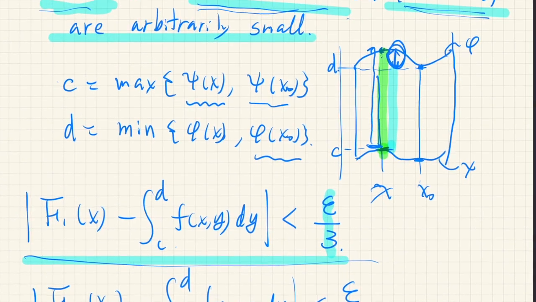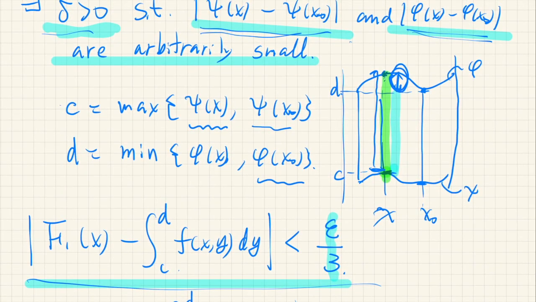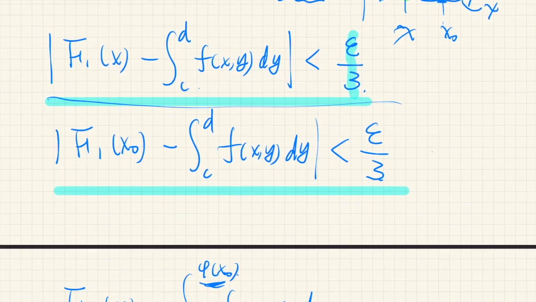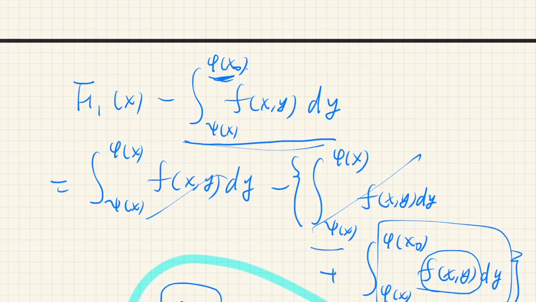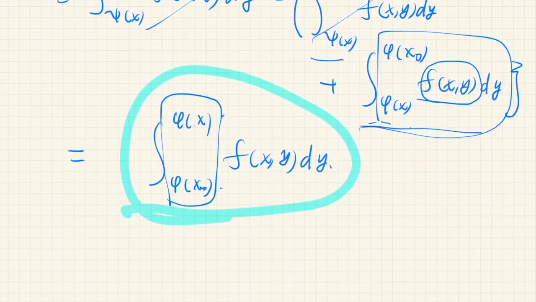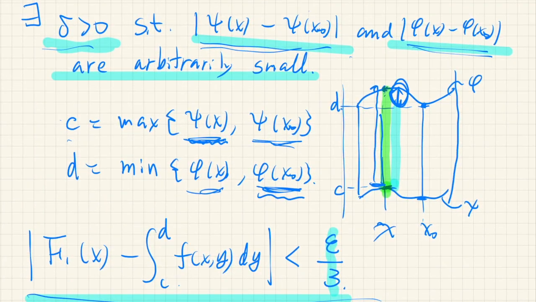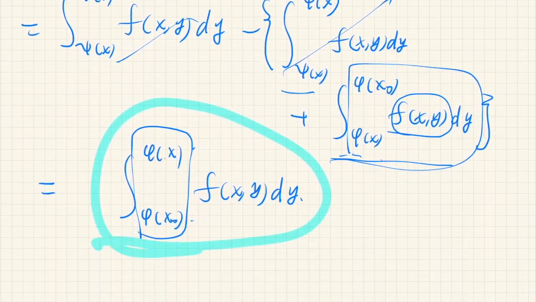And we have explicitly dealt with the case where C happens to be this one and D happens to be this one, but you can try any other combinations and still have the same result. Okay, anyway, all of these stem from the fact that these curves, phi and psi, are continuous.